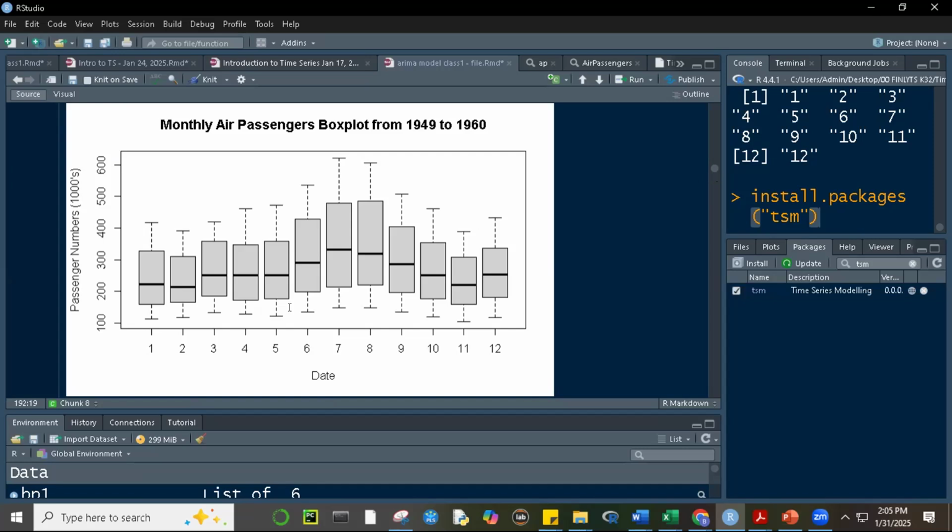Okay, and you can see here that the most number of airline passengers is in July and August. The median is the highest at August, and next is July. The 7 here pertains to July. 1 here pertains to January. And the lowest looks like November and February.